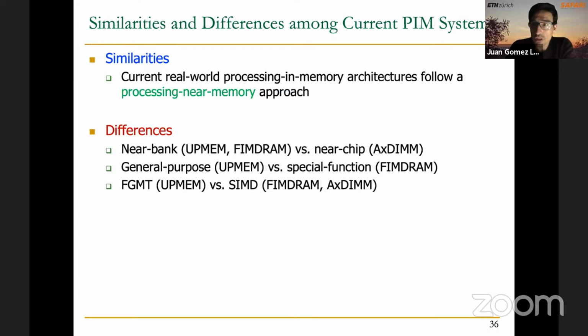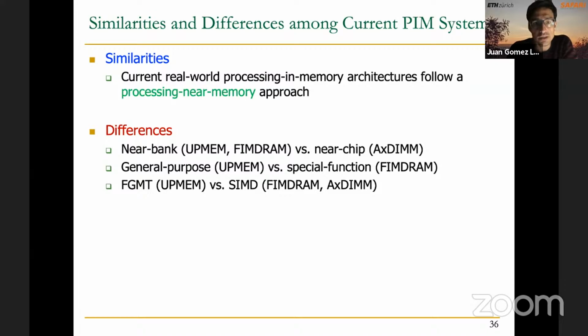Then the different processing elements or compute units that we have near memory exploit different architectural paradigms. In the case of UPMEM, recall that it's a fine-grained multi-threaded architecture. We have a single in-order pipeline in each DPU, and we have different hardware contexts for different hardware threads, so they can run multiple software threads concurrently, right? And by using this fine-grained multi-threading architecture, it's possible to hide latencies of memory access or execution in the pipeline.